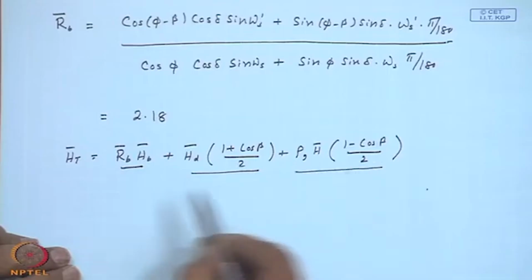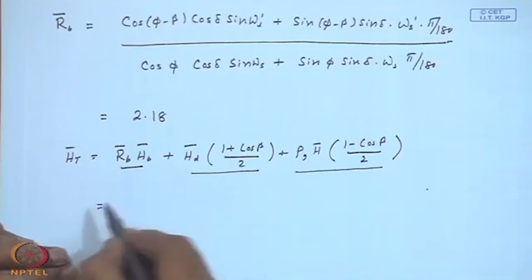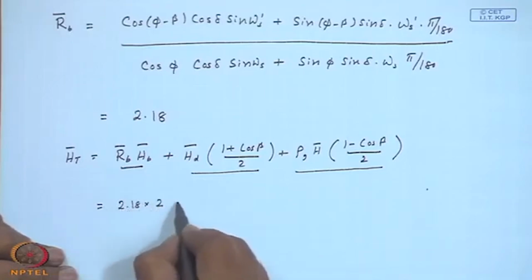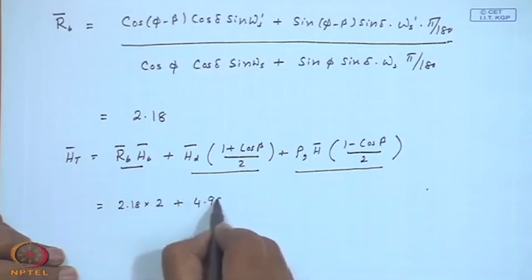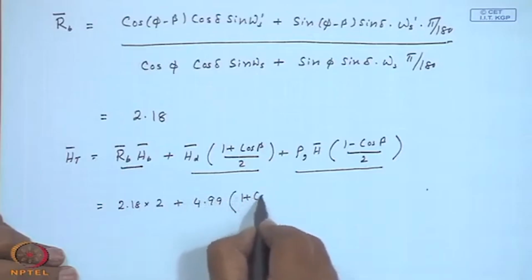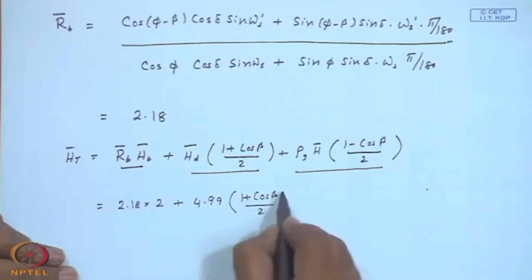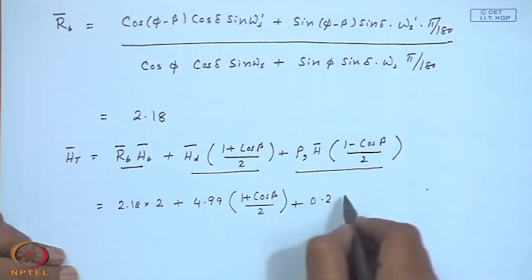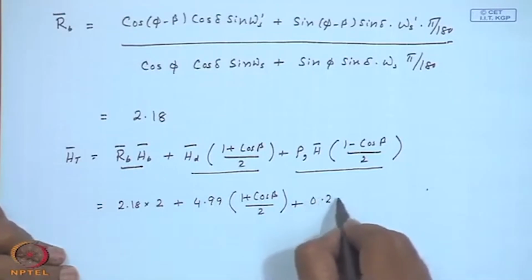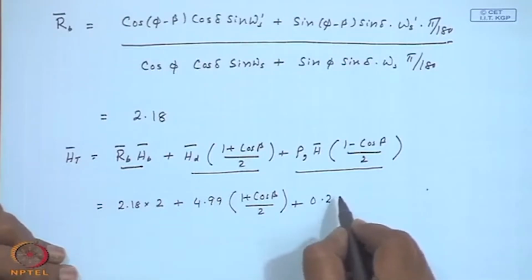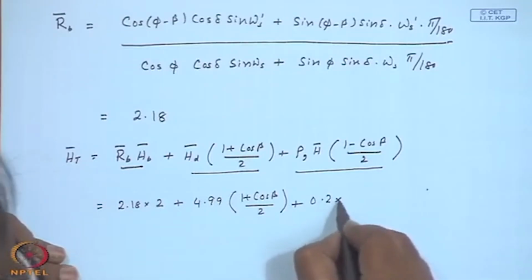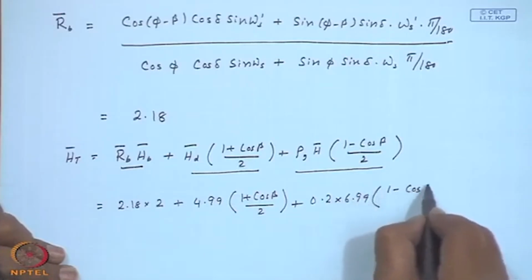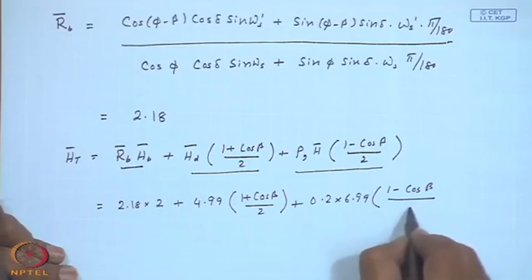So, this will be R B bar 2.18 into H B bar 2, plus 4.99 into (1 plus cos beta) by 2, plus rho g, I shall use 0.2, times H bar 6.99 into (1 minus cos beta) by 2.